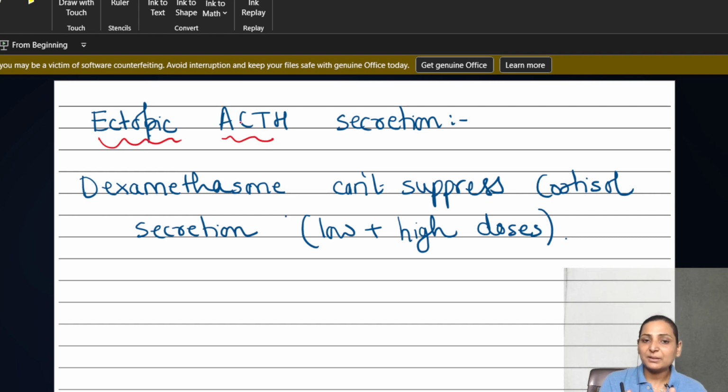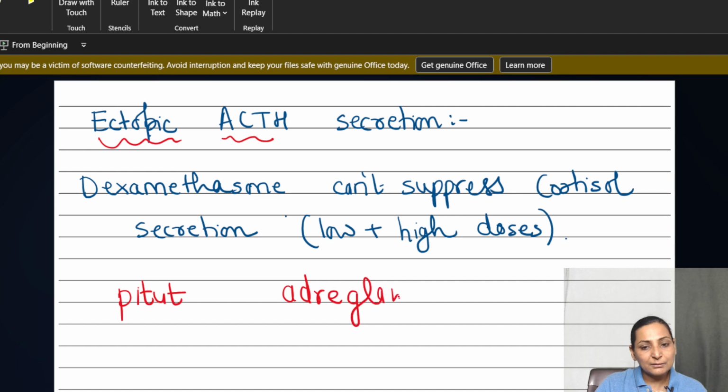That means the source of ACTH is not the adrenal cortex; it is ectopic, apart from the adrenal cortex. So dexamethasone primarily helps you come to a conclusion whether this excess of cortisol is because of a tumor coming from the pituitary, or a tumor coming from the adrenal gland, or it is ectopic, right?